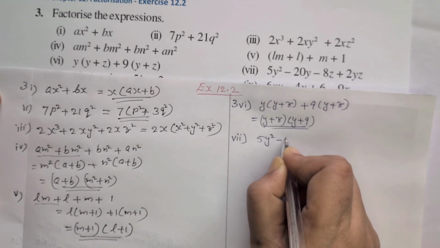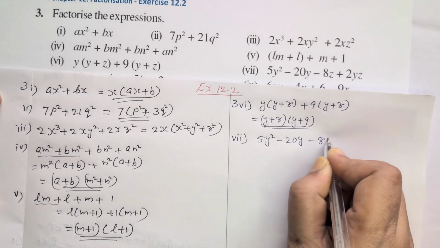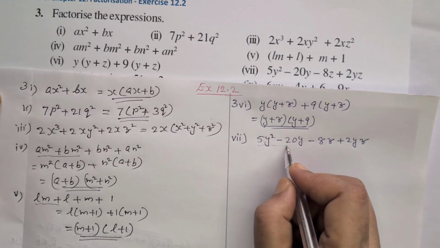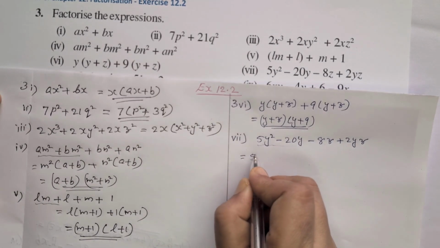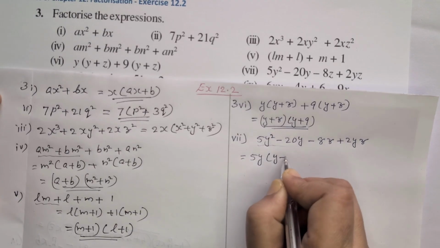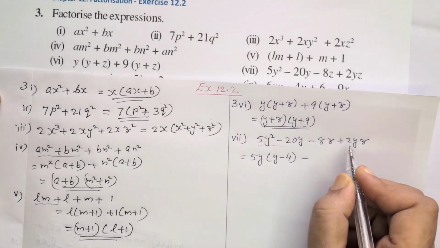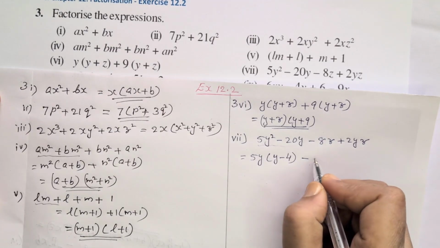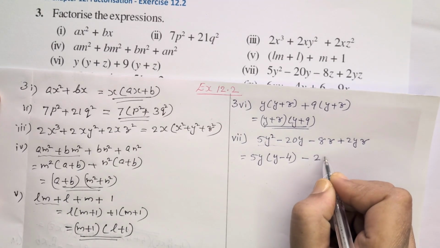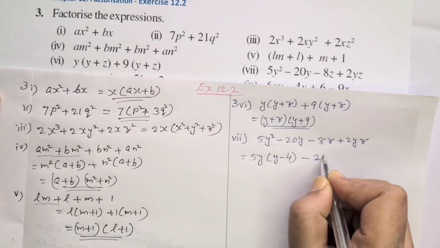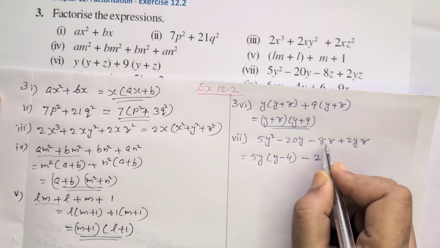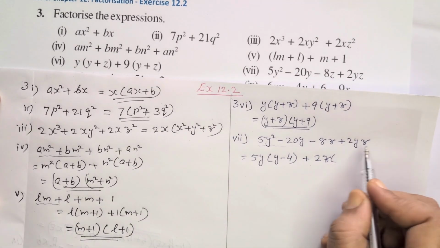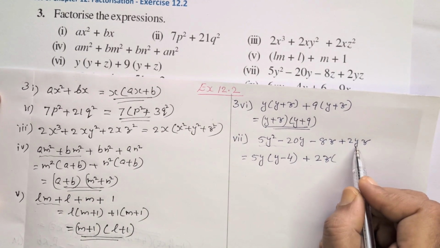5y square minus 20y minus 8z plus 2yz. Grouping the terms, here we can take 5y as common, remaining y minus 4. And here when we are taking 2z as common, then here we will get plus 2z when we are taking, then here y is remaining.